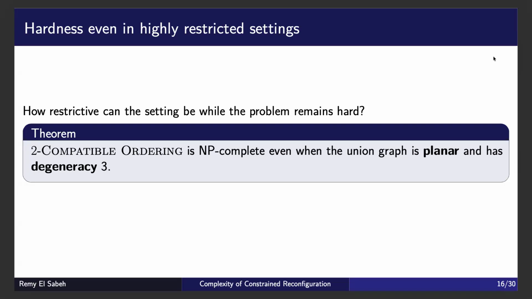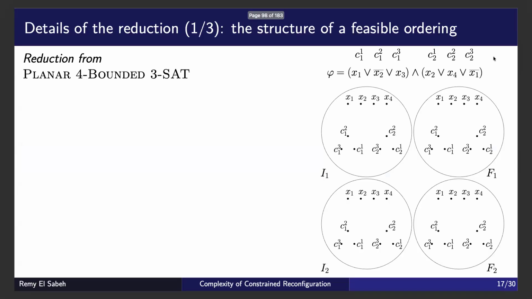Remember, as I mentioned, those results will be saying stuff about the union graph. So let's take a look at what the reduction looks like. First, that's a reduction from planar bounded 3-SAT. In case you're not familiar, that just means planar 3-SAT where every variable shows up in at most 4 different clauses. And we'll be looking at what's on the right as our illustration for what the reduction looks like.